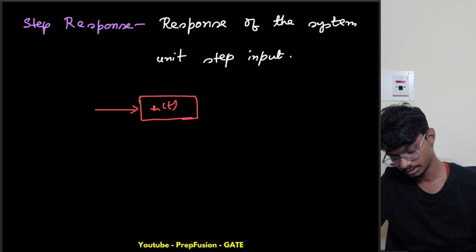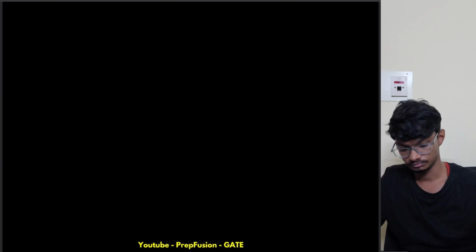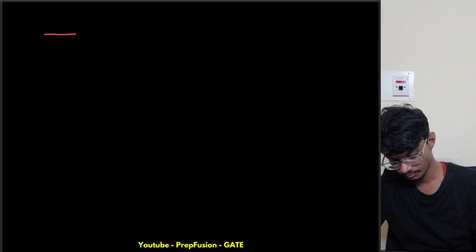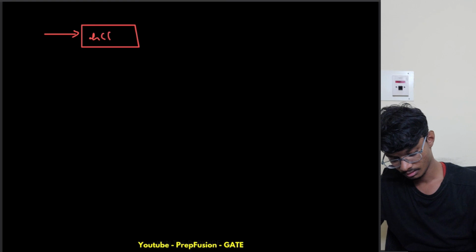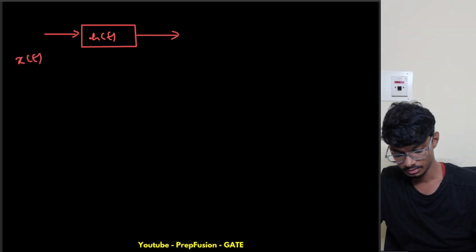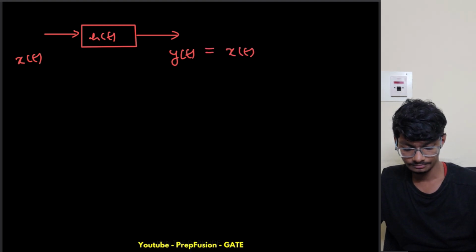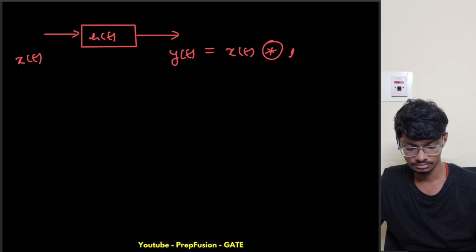Still, let me take another page, because it may so happen you may miss some notes. We have this h of t. Now we have this x of t and this y of t. y of t equals x of t convolved with h of t.